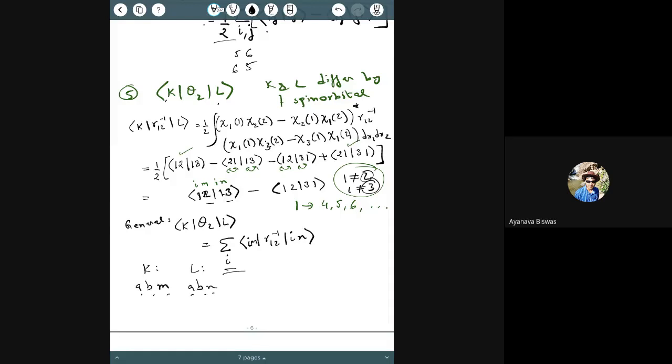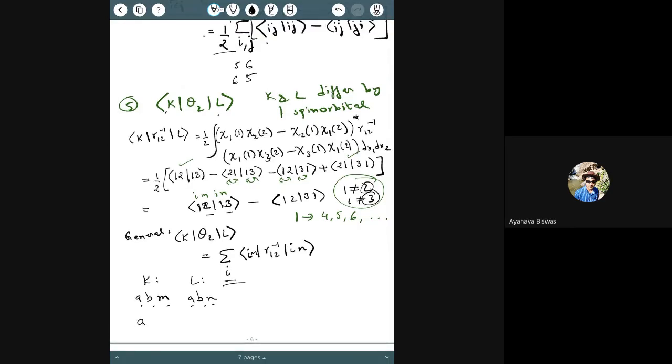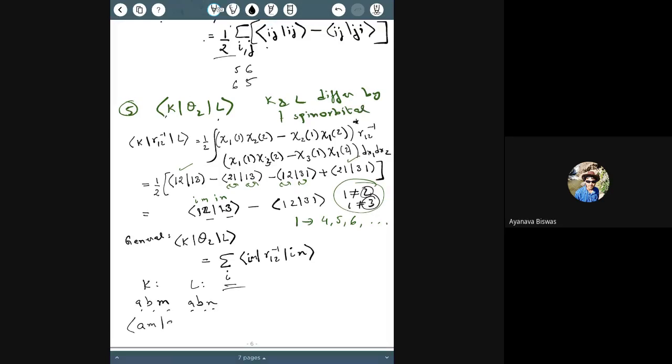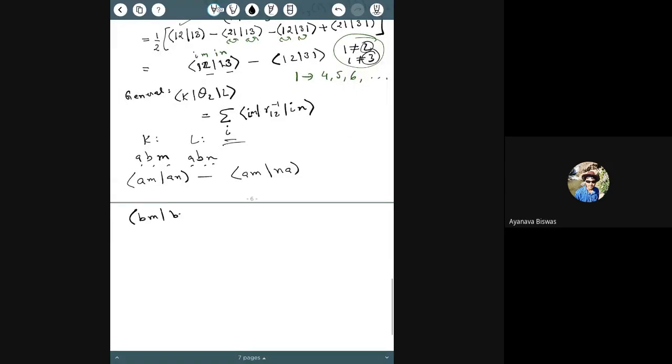So when I'm evaluating the 2 electron matrix element, I will get one expression which is AM, AN minus AM, NA. I will get another one which is BM, BN minus BM, NB. Okay, so I am summing over the common orbitals.